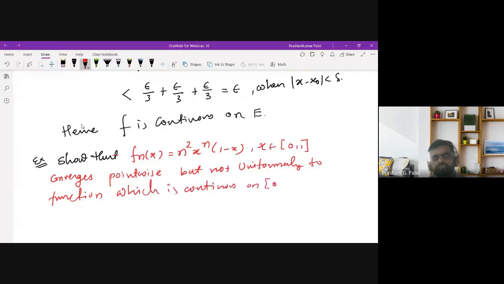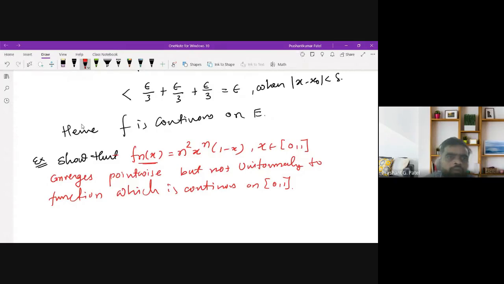That means we have to show that this sequence of functions converges to a continuous function, but the convergence is not uniform, it is pointwise convergence. So it tells you that the converse of the above result which we discussed is not true.